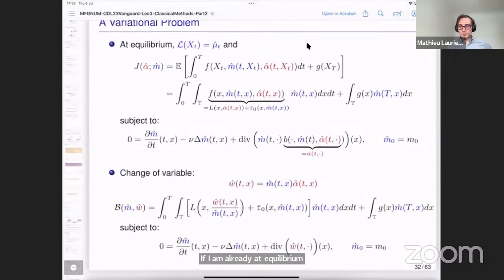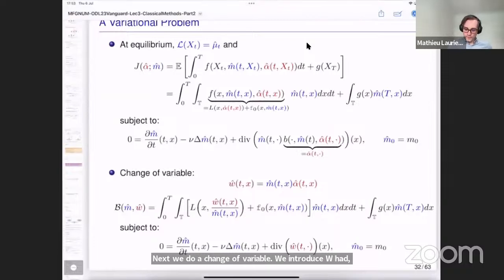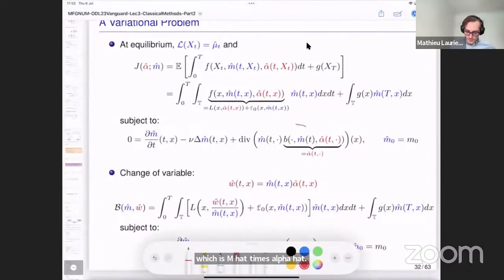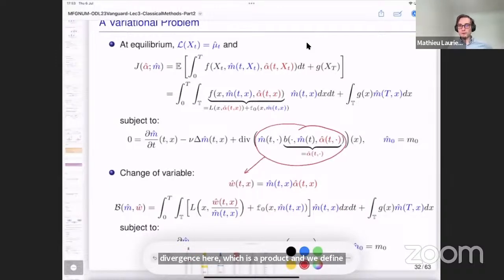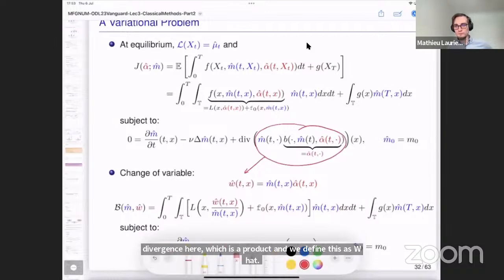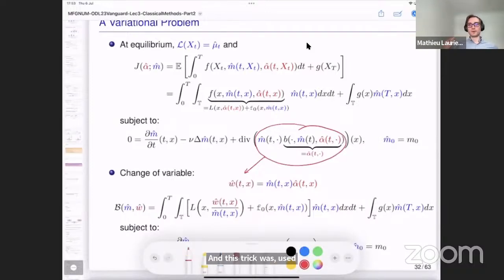Next, we do a change of variable. We introduce w hat, which is m hat times alpha hat. So we take, in fact, exactly what appears in the divergence here, which is a product, and we define this as w hat. And this trick was used previously. Benamou and Brenier used it in optimal transport to have this variational viewpoint as well.